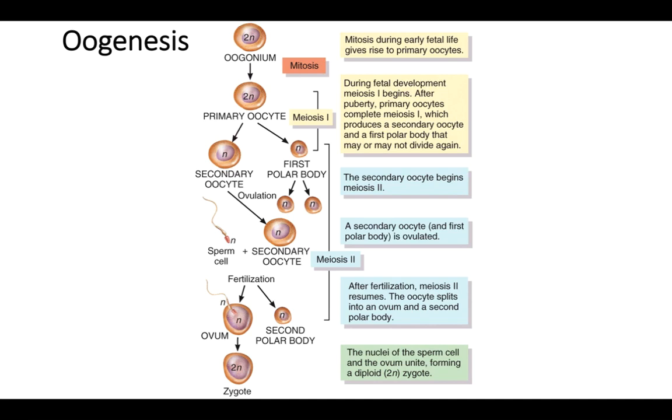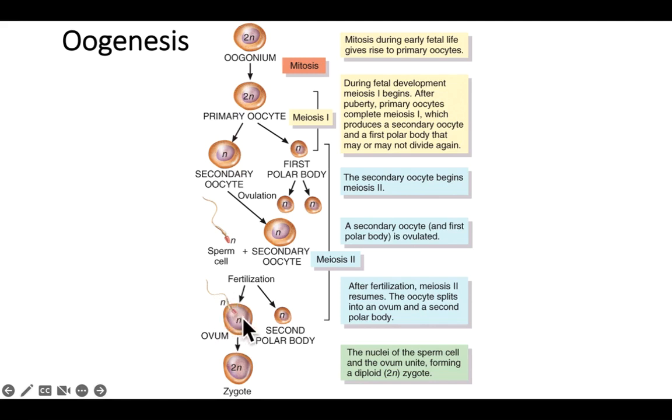All right, it still has to progress inside the fallopian tube, but it only finishes if a sperm is present. All right, so notice now we have this sperm fertilizing, and then you get this second division and formation of this last polar body. So oogenesis results in 3 polar bodies, one here, and one here, and then the fertilized ovum.